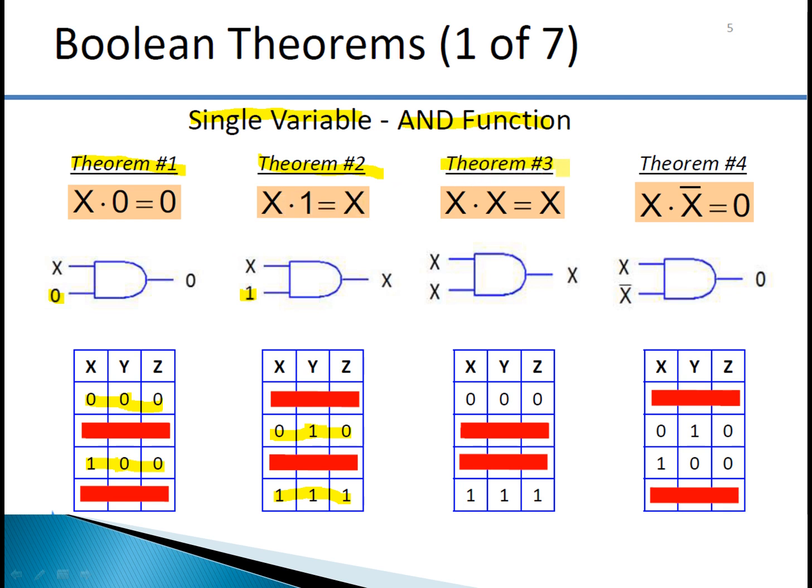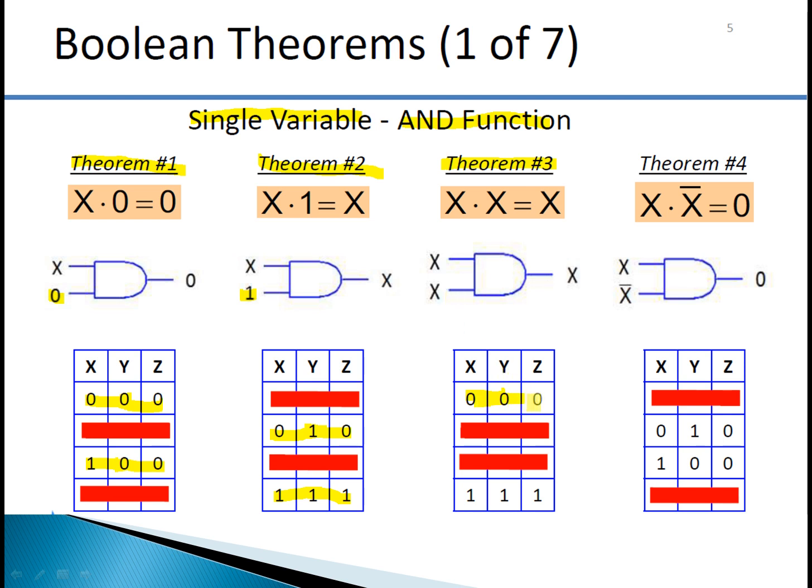So next, theorem 3, x dot x equal to x. So here now both the inputs are x and the output is always the x value. So that means if the x value is 0, the y value is also 0 because now y is nothing but x.